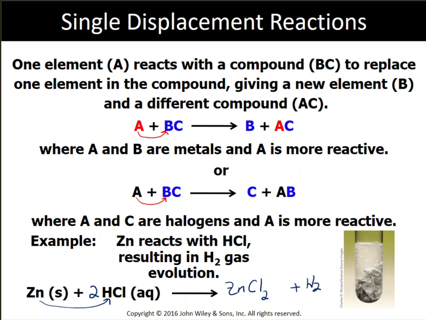Now, remember the activity series. For single displacement reactions, in order for zinc to replace hydrogen, zinc needs to be more reactive than hydrogen. But where do we find that? How do we know if zinc is more active than hydrogen or not? You're going to have to look at the activity series.